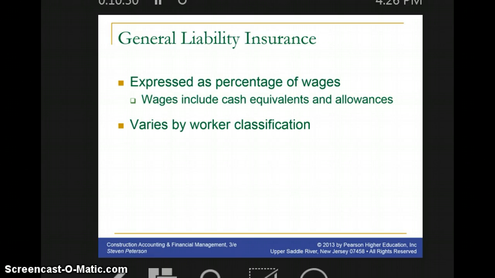General liability insurance is also expressed as a percentage of the wages, and it typically varies depending on the worker classification.